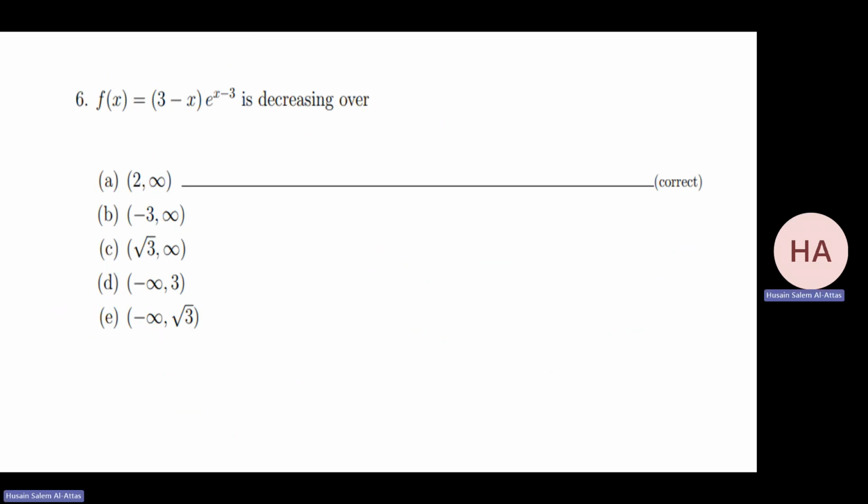Another function, product rule. First, what's the domain? Domain all real numbers. Very clear. So now we'll do the derivative. f prime will be what? Derivative of the first, which is minus e to the x minus 3, times derivative of this, which is minus 1, plus 3 minus x times the derivative of this, which is the same, e to the x minus 3, times the derivative of x minus 3, which is 1.